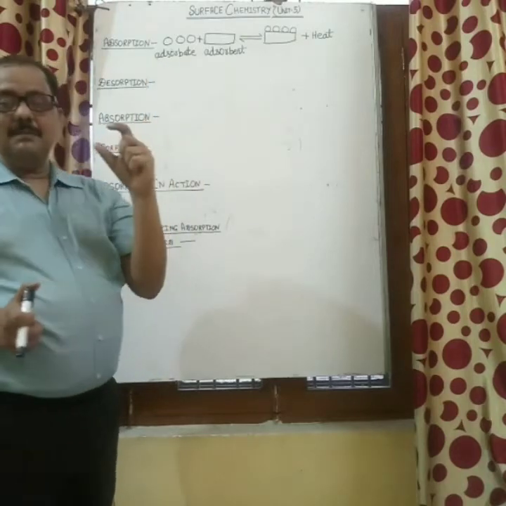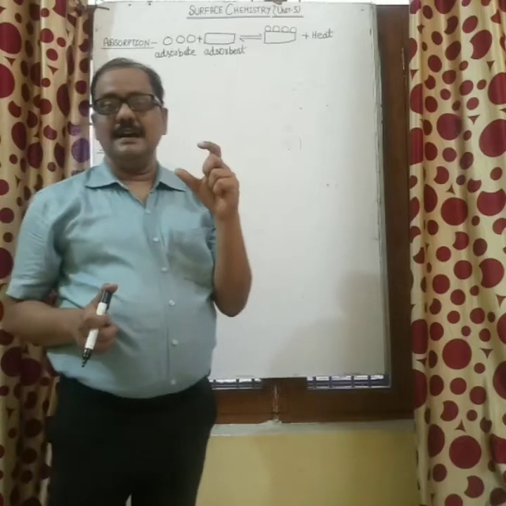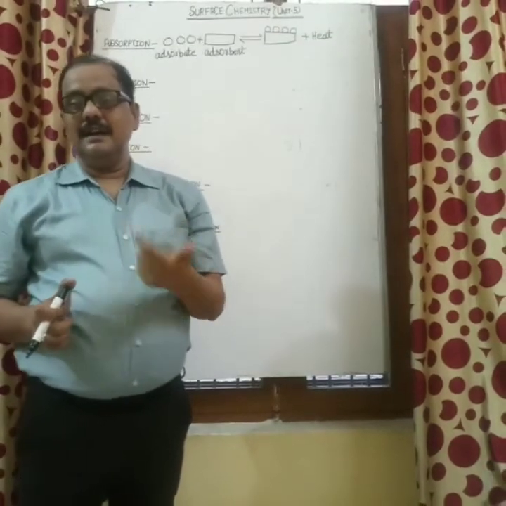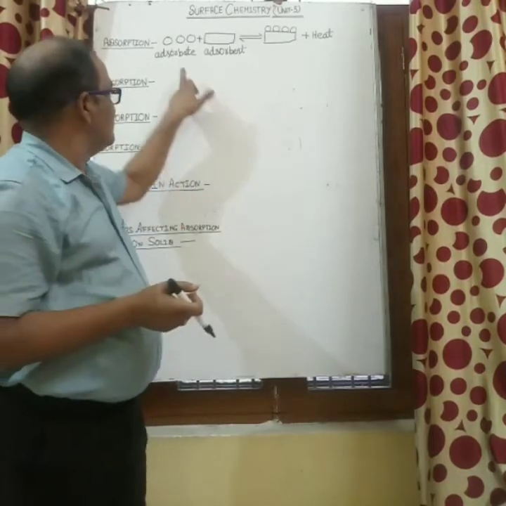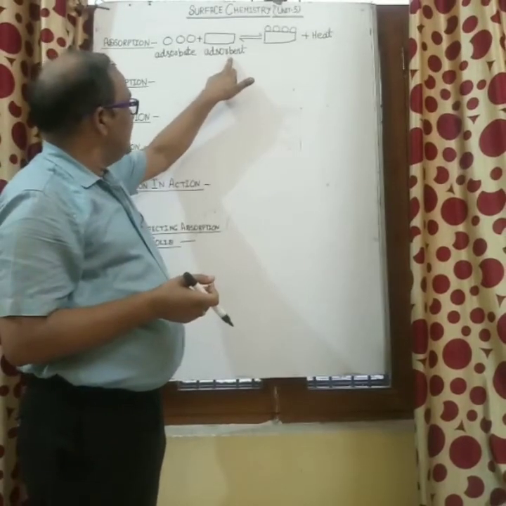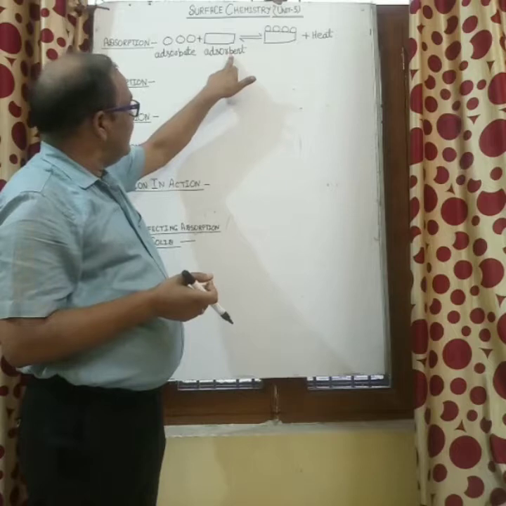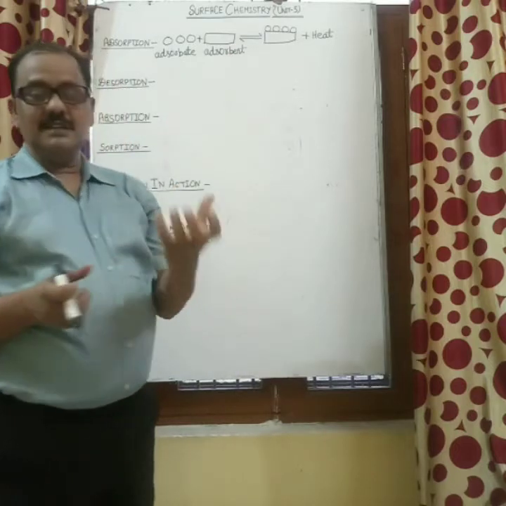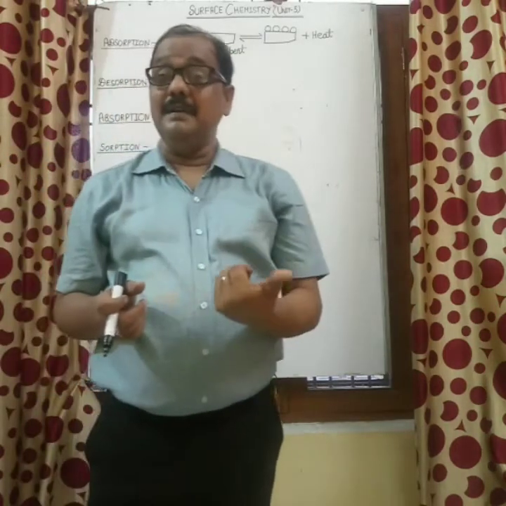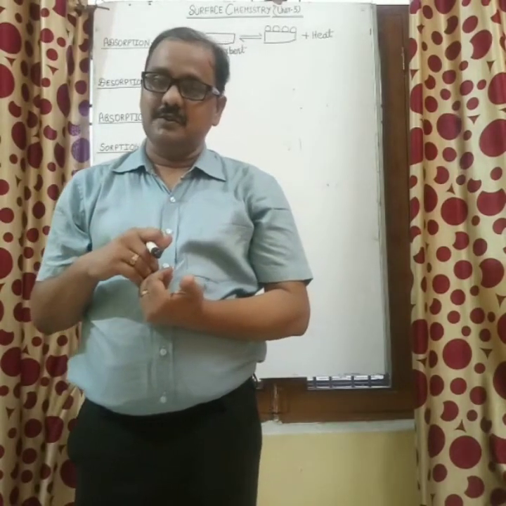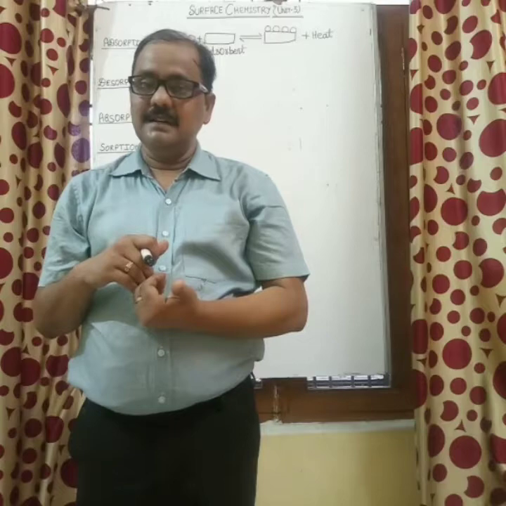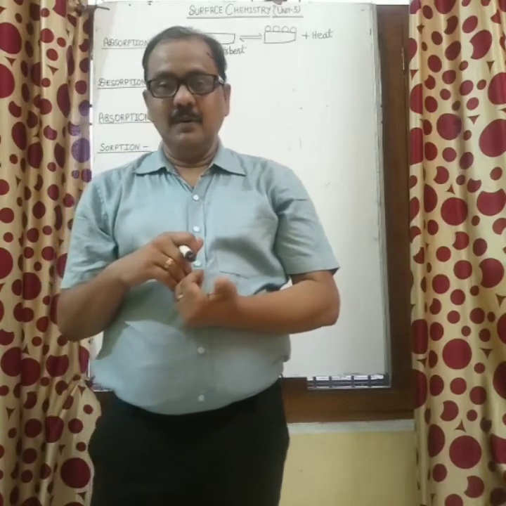Adsorbate means the molecular species, either gases or liquid, which can adsorb on the surface of the solid. And the adsorbent means the solid surface, or it may be liquid, at which the molecular species are adsorbed. That is the adsorbent.